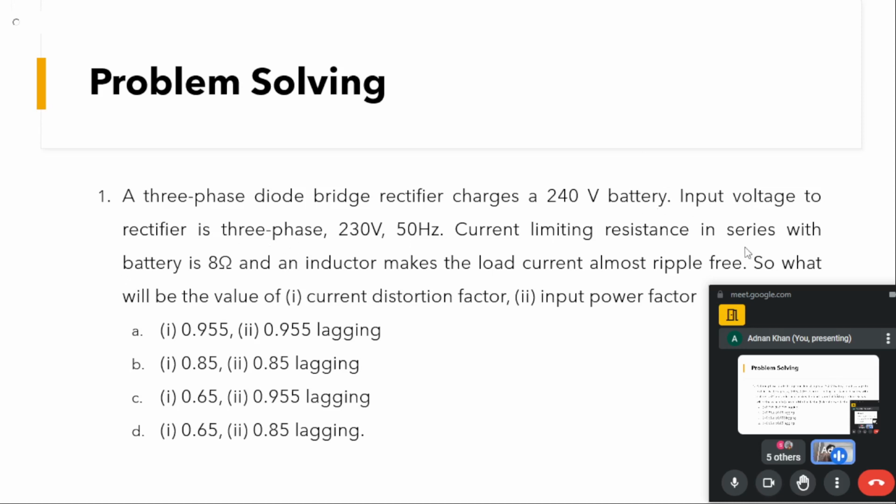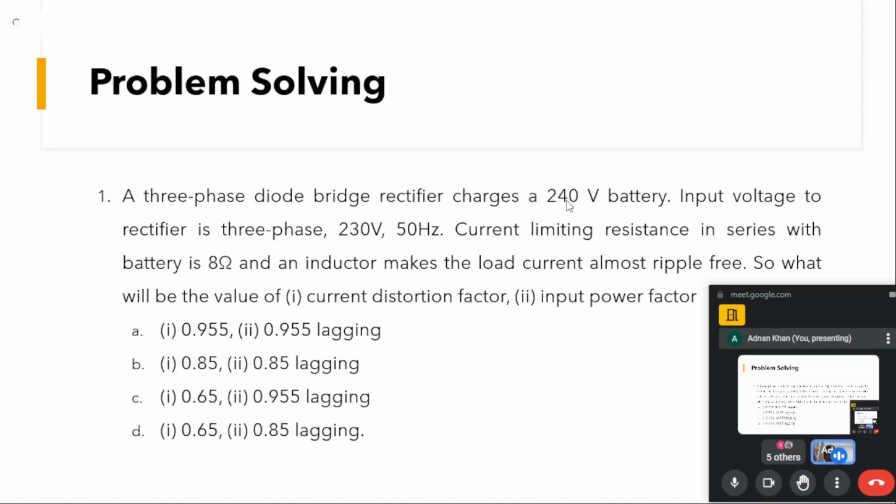When the input voltage is 230, this is the phase voltage. Had it been 400 or 415, that would be the line voltage, and this is the frequency of the input. Also given is a current limiting resistance in series with the battery of 8 ohm.